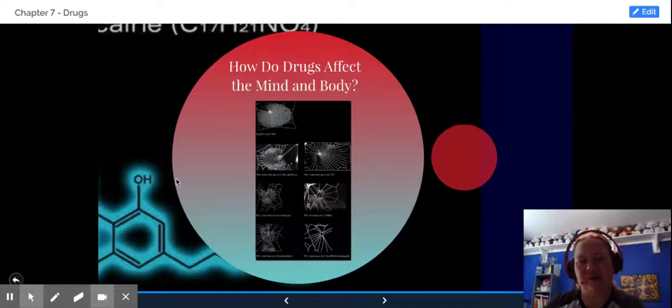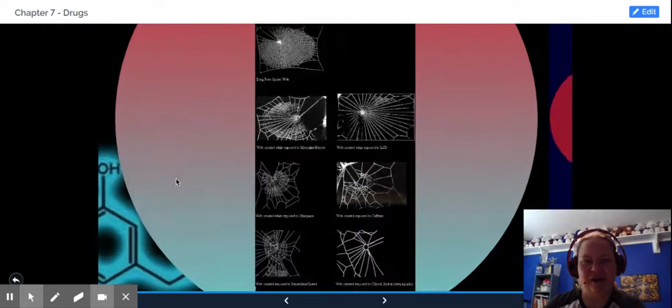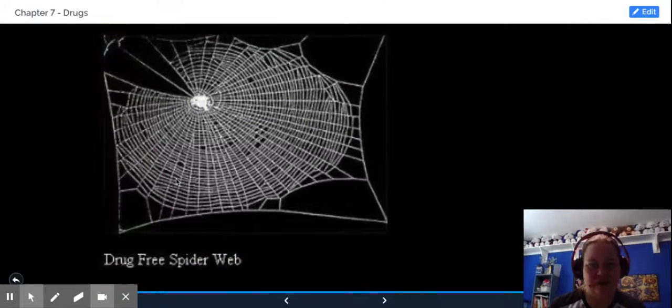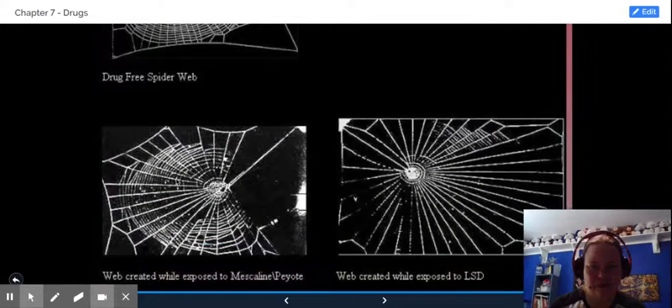All right, so how do drugs affect the mind and body? This was an experiment where spiders were given different substances, and then their web-building techniques were recorded. This is a drug-free spider, great web. This one is mescaline, and this one was exposed to LSD.